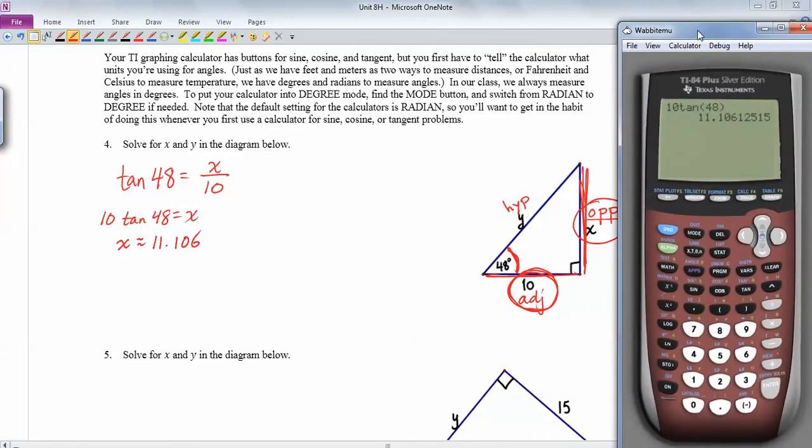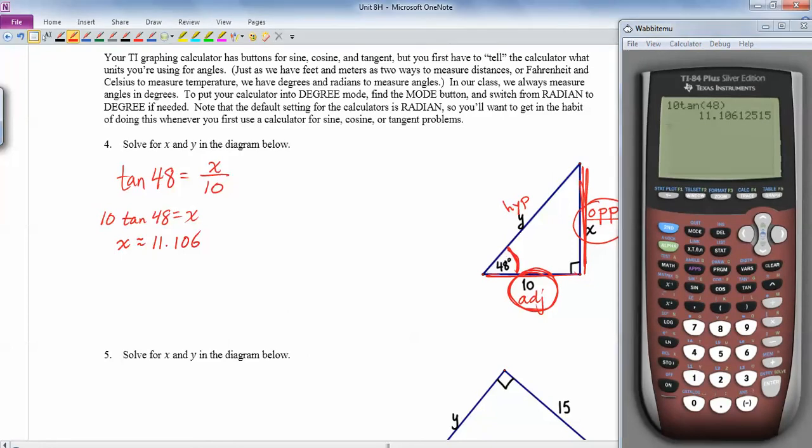Okay, to get y, we could do a couple of things. At this point, we know what x is, so you could use Pythag, but that would require us to use this kind of rounded, ugly number. So instead, let's try another trig one. If I want to solve for y, I can use the hypotenuse. Well, I have to, because that's what y is. And then you could use the rounded number for x, but it's probably easier to use the 10, because that's a nice clean number.